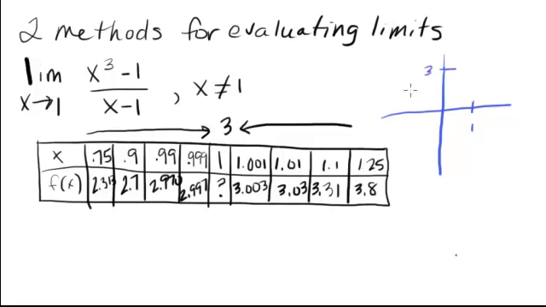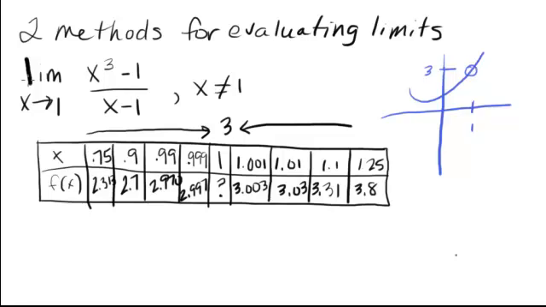If you were to graph this, you would see it looks something like this. But what happens here, because it's undefined at 1, is there's a hole in the graph. Regardless, the behavior of the function coming up to 1 and coming from the right of 1 still is approaching 3, even though there's an actual hole there. Hope that makes sense for the table method.